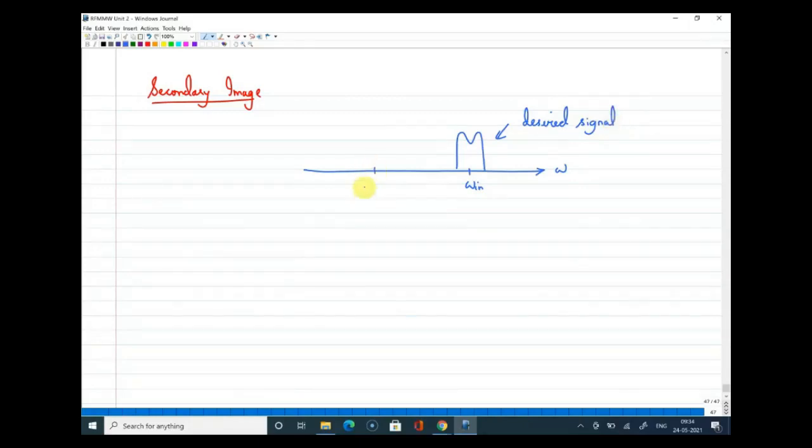Say for the input signal it is low side injection, so omega 1 is on this side.